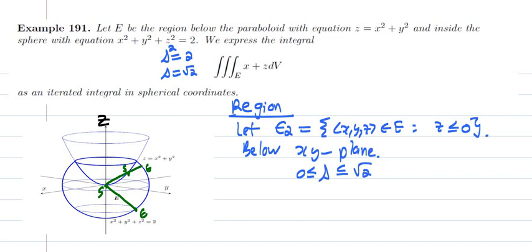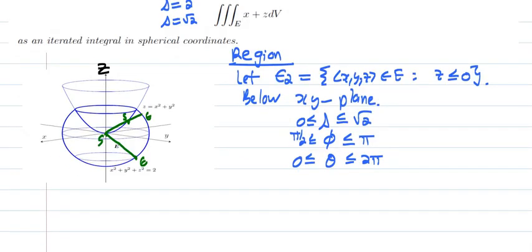And now you have all of the points below the xy plane, so that means phi is between pi over 2 and pi. And if you project all of the points below the xy plane onto the xy plane, you get a full circle, so theta is between 0 and 2 pi. So this is taking care of the points below the xy plane.